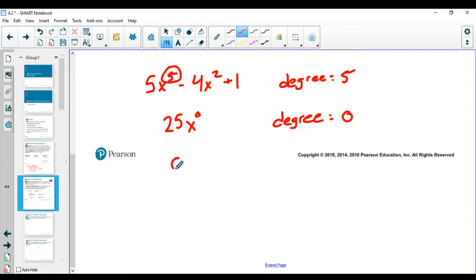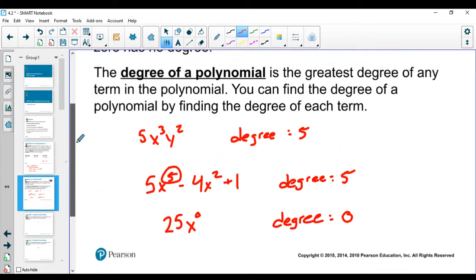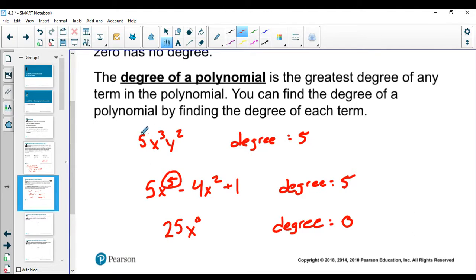And that's the reason why 0 doesn't have a degree, because it's not like we have x to the 0 here, because that would be 1. 0 times 1 is still 0. So that's why there's no degree for those. Basically, if it's a monomial, just add them up, and if it's a polynomial, it's just the highest one.